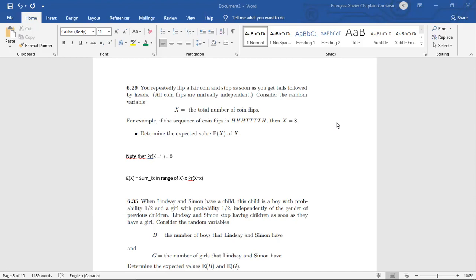And remember, that's key in the geometric distribution. You keep doing something until the first time you succeed, which is pretty much what we're doing here. So here, we can go on forever. So the range of x is from 2 to infinity.